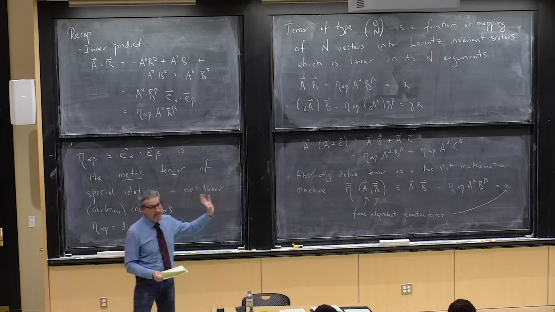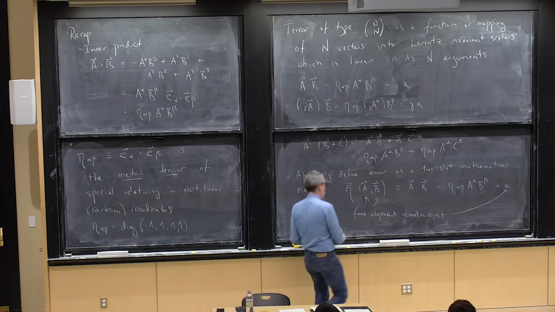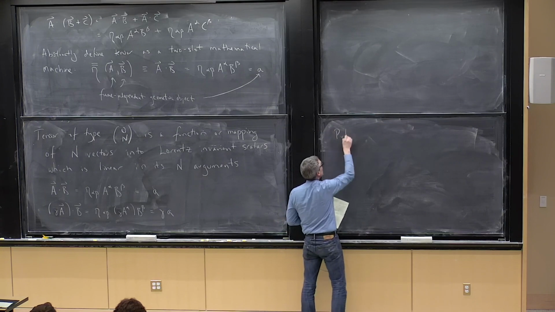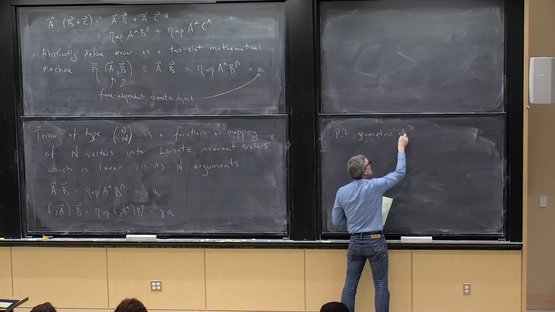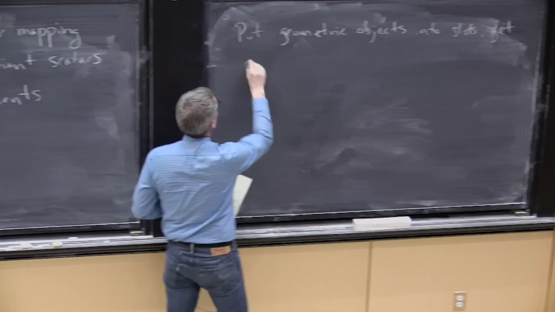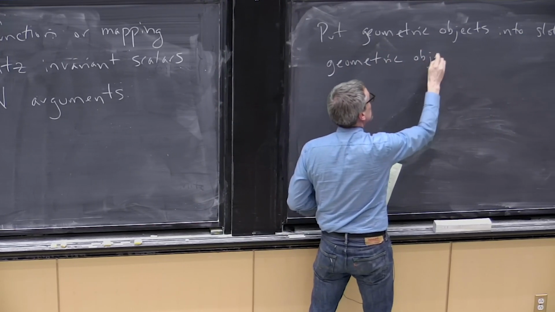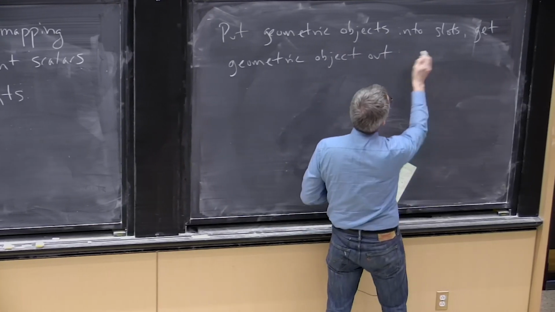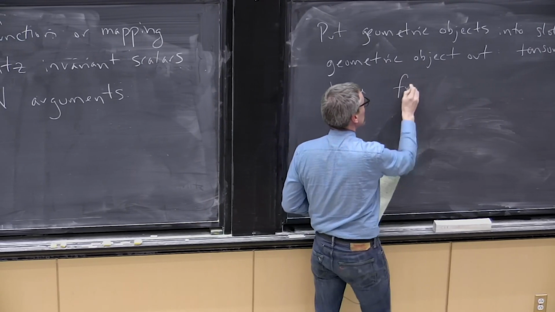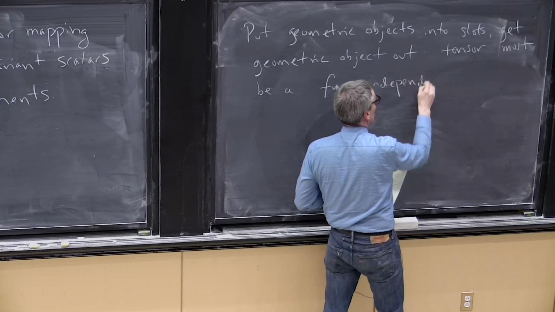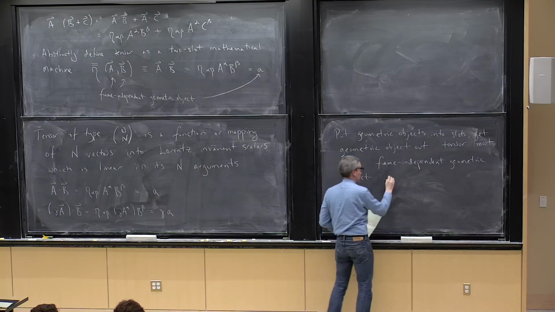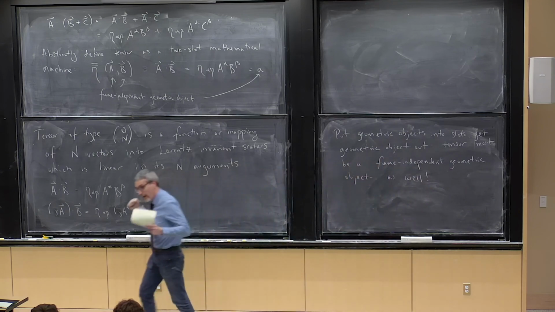And so therefore, the tensor must be a frame-independent geometric object as well. Okay? That's a lot of words around the blackboard, but I really want to nail that point home.